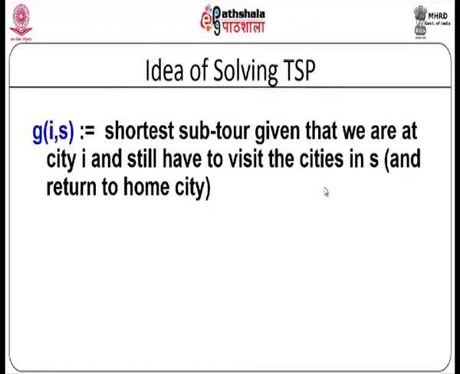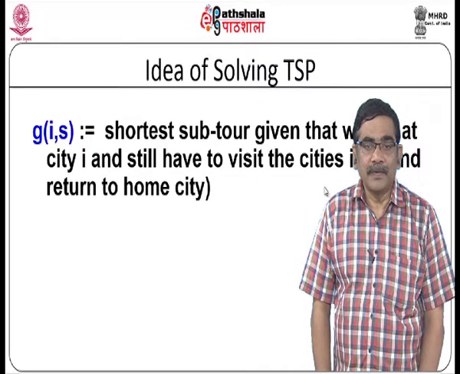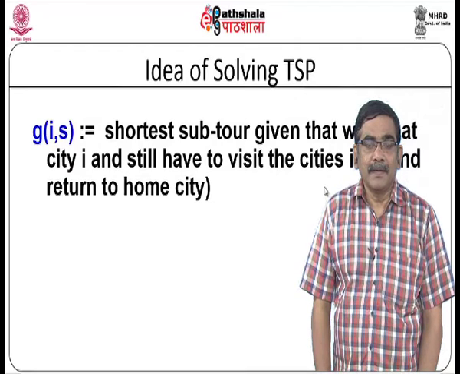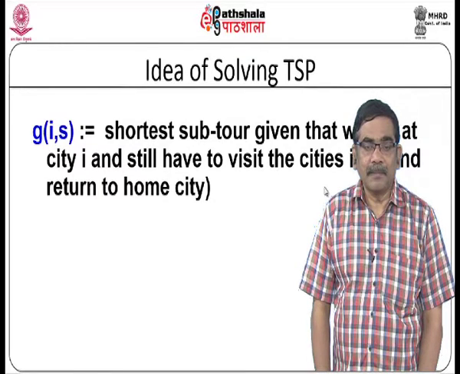But unfortunately, as I said earlier, the enumeration will not work because for every rise in the number of cities, you have more paths to contend with. Therefore, the problem becomes an exponential problem, and it is very difficult to give a solution for the traveling salesperson problem using the brute force method. So, we go for a dynamic programming approach for solving this. Dynamic programming gives a slightly better solution compared to the brute force method.